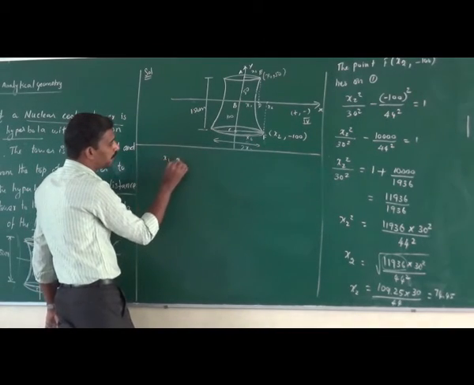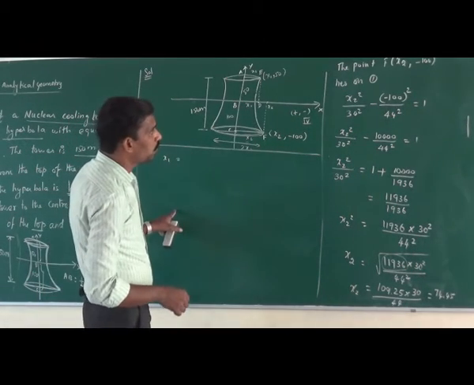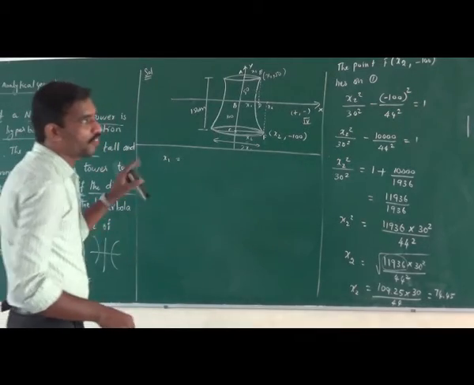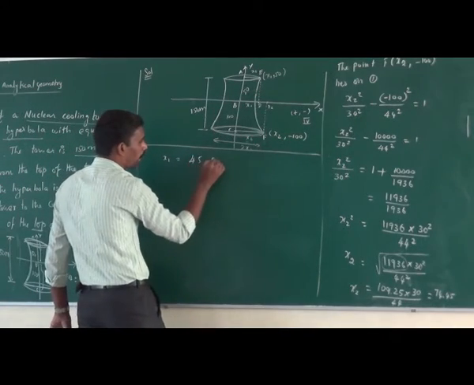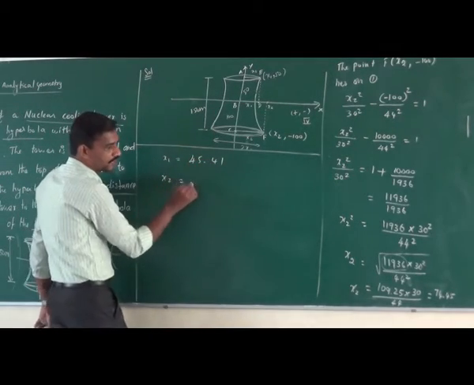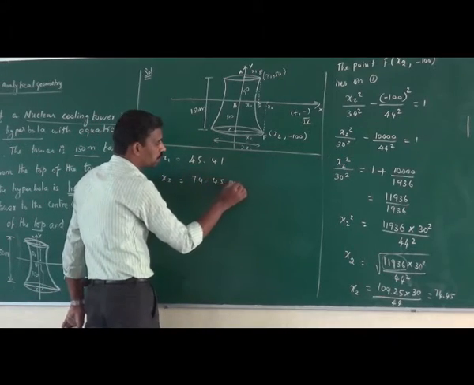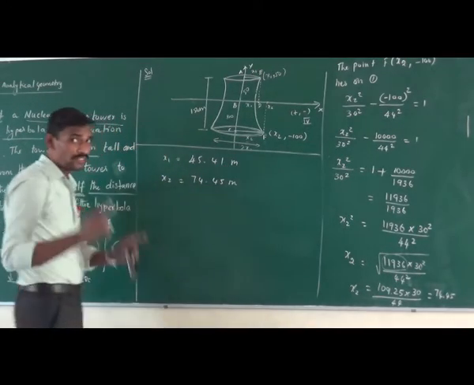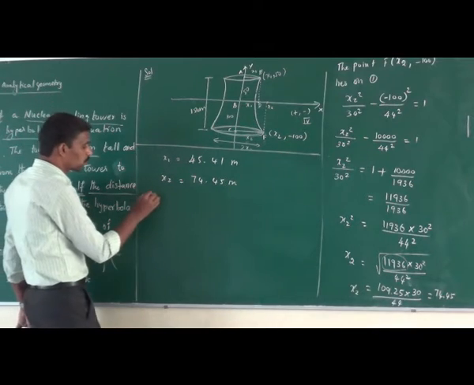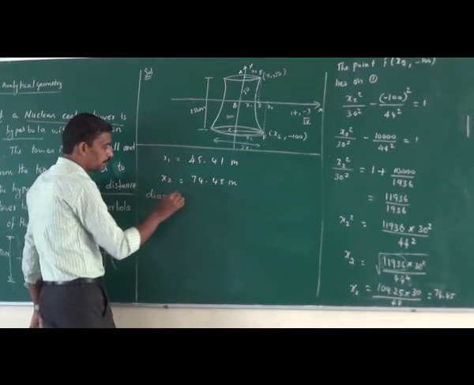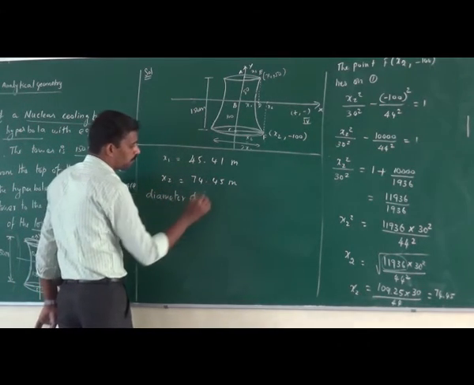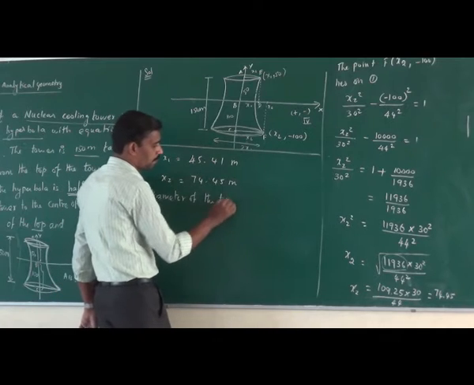So already we know x1. So x1 is nothing but 45.41. And x2 is nothing but 74.45 meters. Now we want to find out the diameter, right? So diameter of the top of the tower.